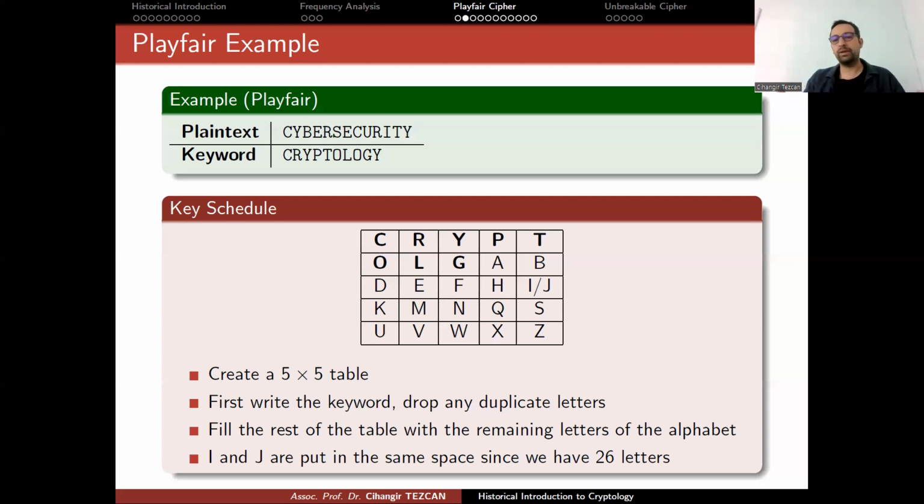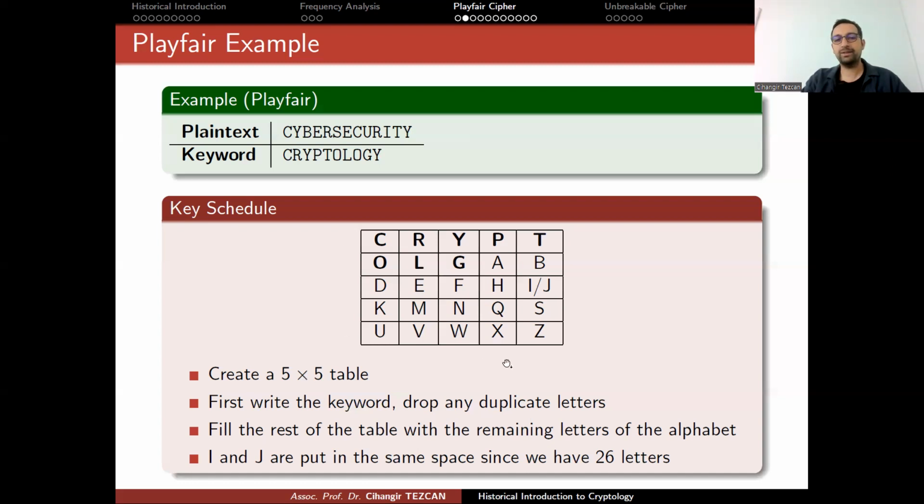If you want to do it in Turkish, you might combine similar letters like C and Ç or O and Ö and that kind of stuff. Okay, so this is how you create it in English. So this is my secret key now. This is actually called the key schedule algorithm, which we are going to see in block ciphers in the future.